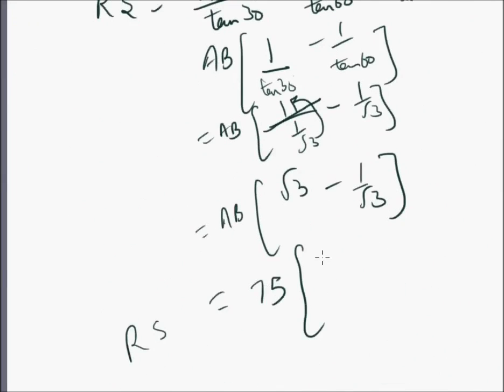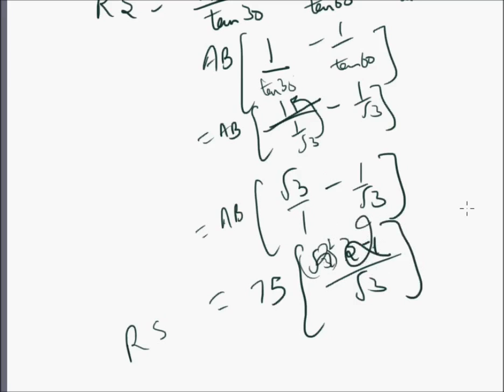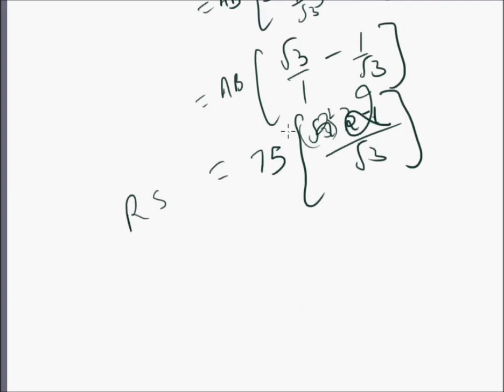into, taking the LCM and under root 3 whole square, which will be 3 minus 1. 3 minus 1, my dear friends, is 2, and 75 into 2 will be 150 by under root 3.